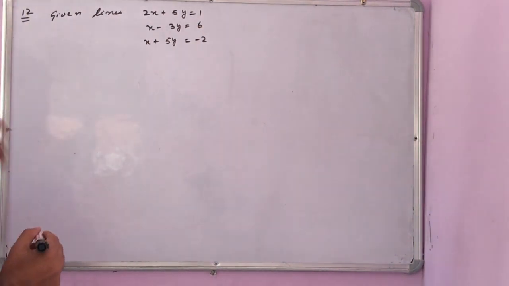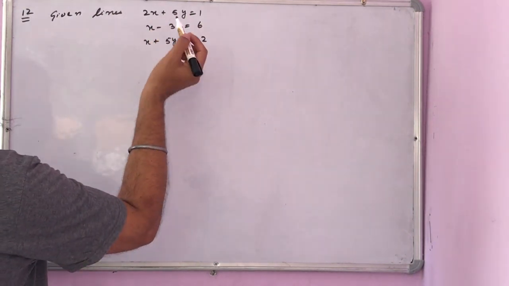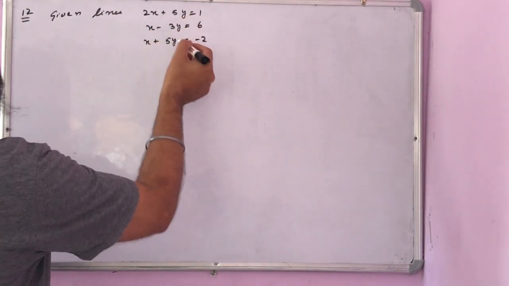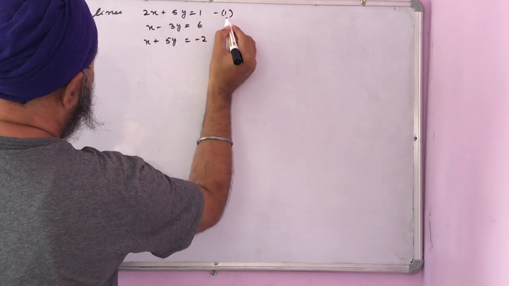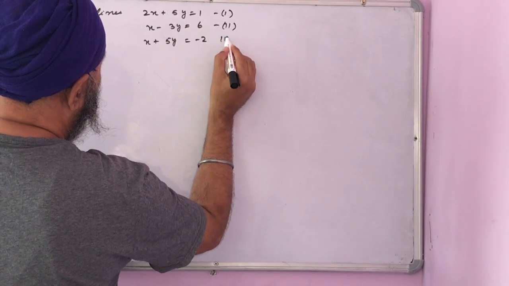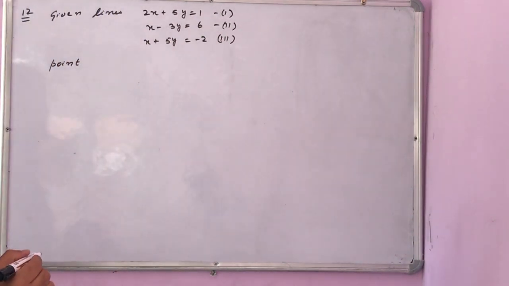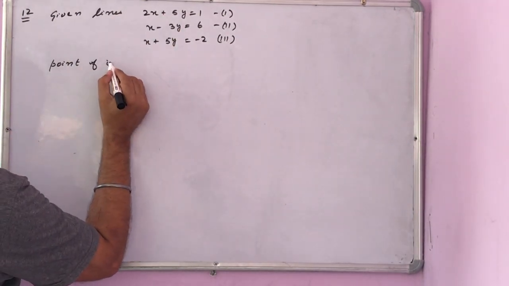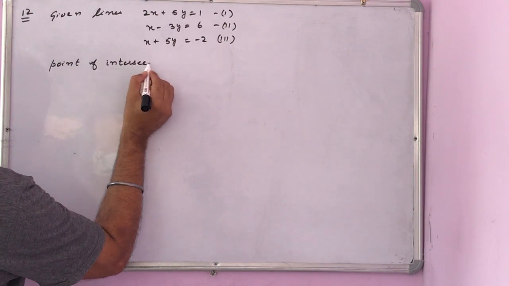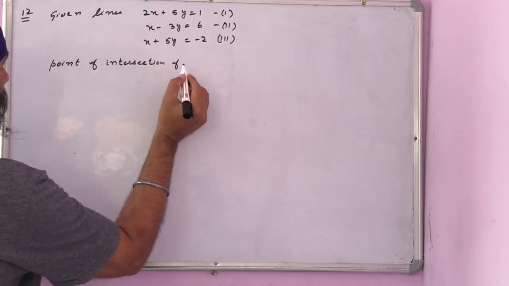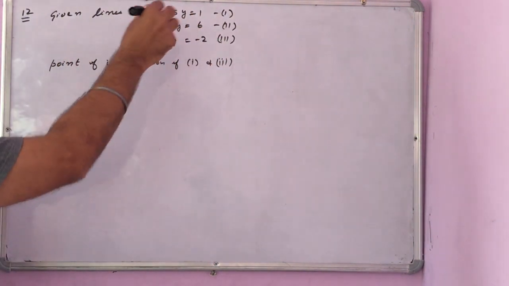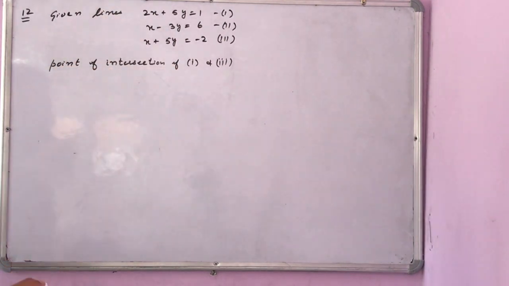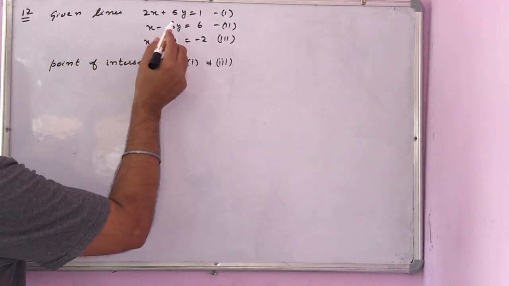So I find the point of intersection of any two lines. Suppose I take the first and third. This is equation 1, line 2, line 3. You can take any two lines: first, second, second, third, or first, third.